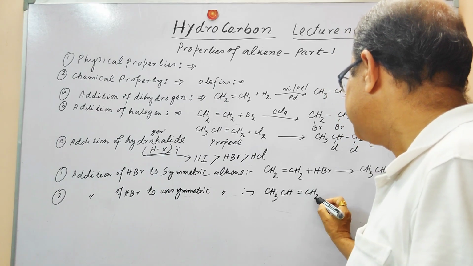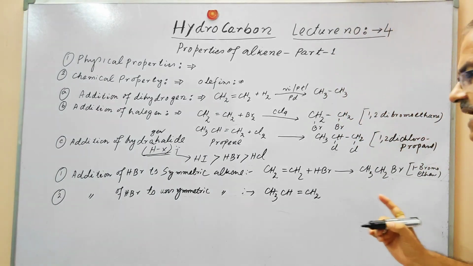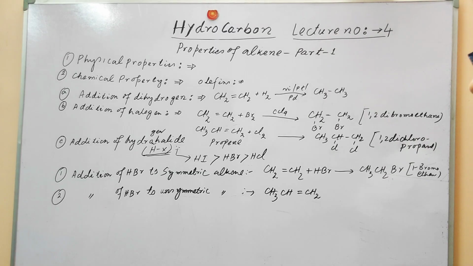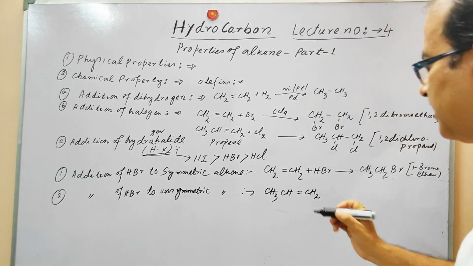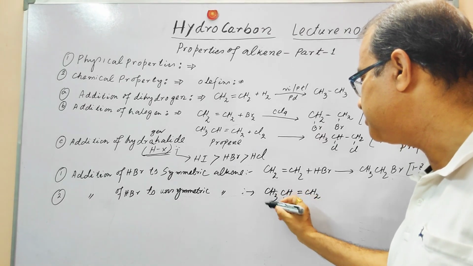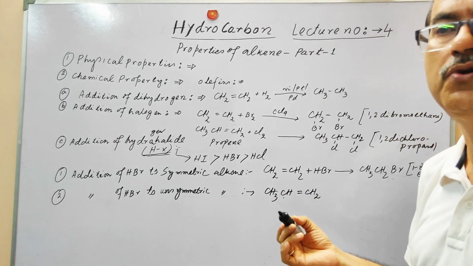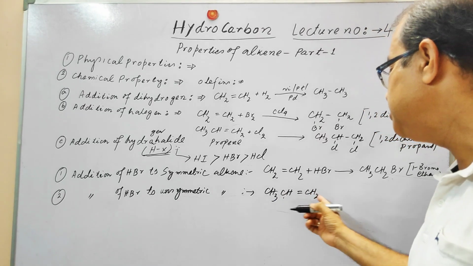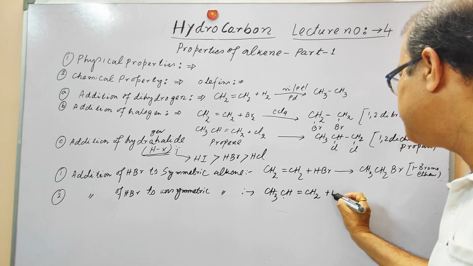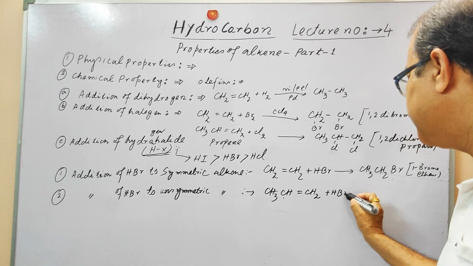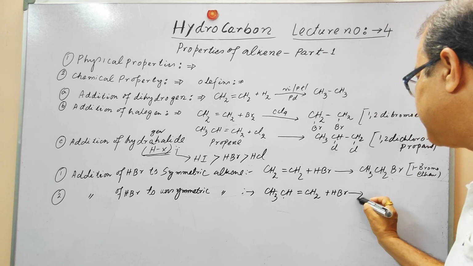This propene is basically an unsymmetric alkene. Why is it unsymmetric? You can see that on this carbon atom there is a CH3 group, and here only a hydrogen atom. So this is an unsymmetric alkene. So when we add this HBr, what will be the product?